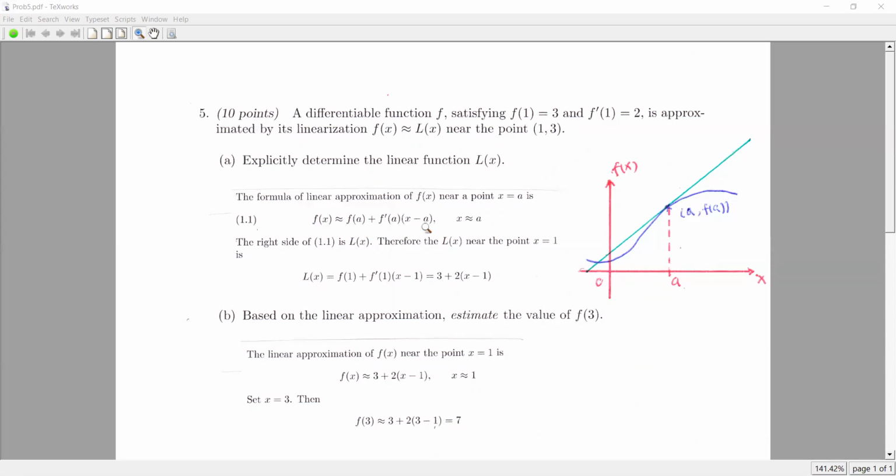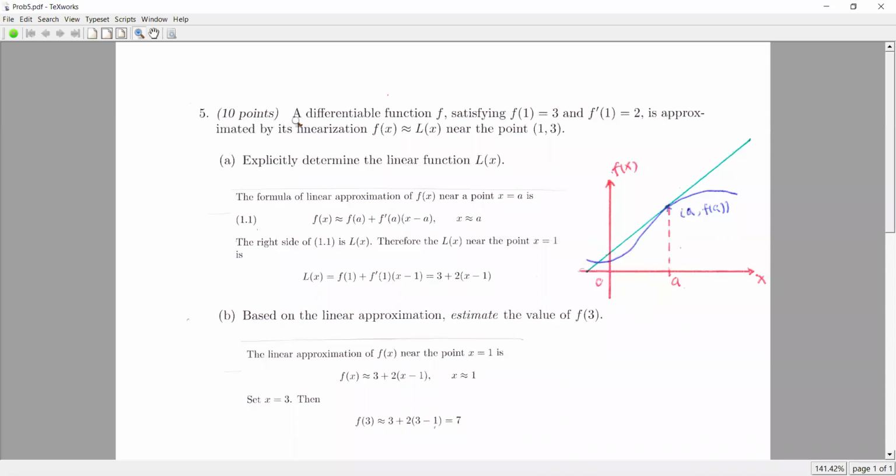The right side is the tangent line to the curve at the point A. If you plot the graph of this function, then the graph is this tangent line. We usually name this function, the function on the right side, by L of x.